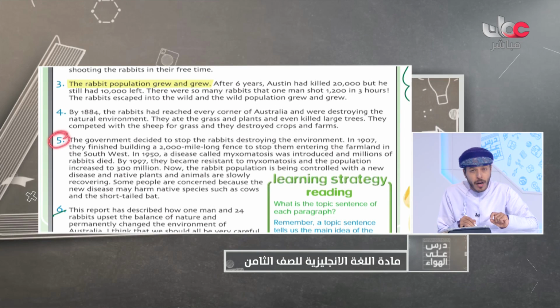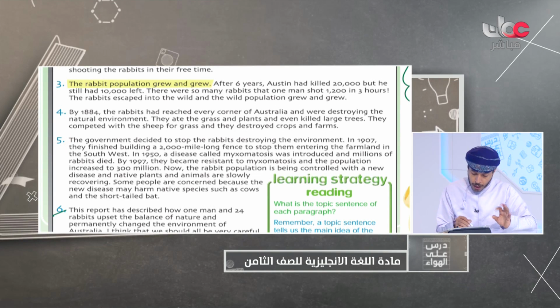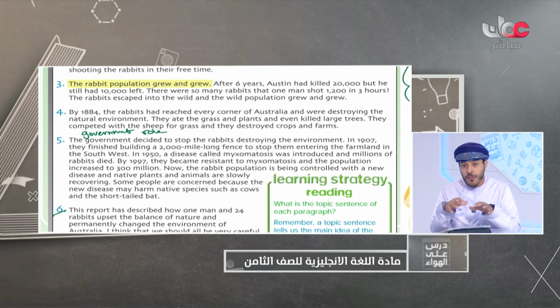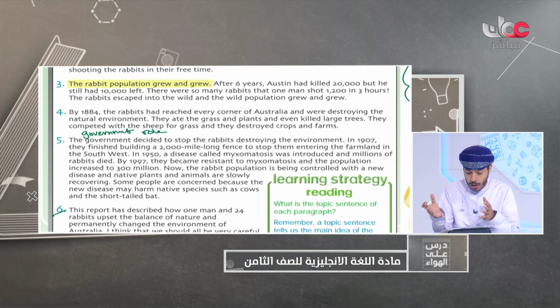And in paragraph number 5, look at it. The government decided to stop. Okay, so here we are talking about the government's role towards what? Towards these rabbits, wild rabbits.